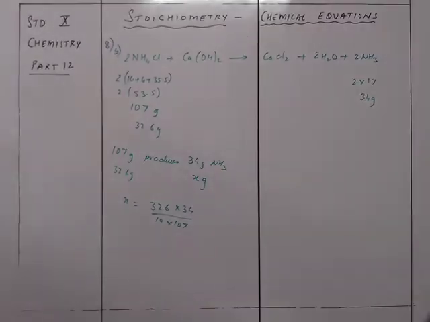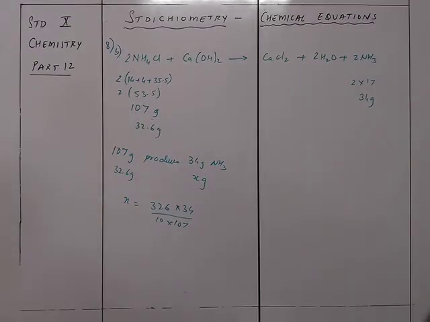Okay. So 107, I don't know what it will be divisible by. It's not divisible by 13 or 3. So directly 326 divided by 107 should give you 3.05.